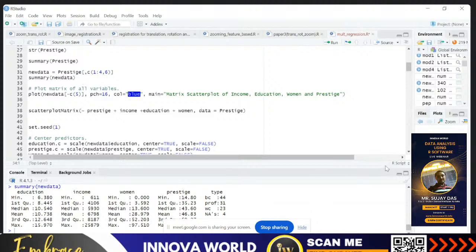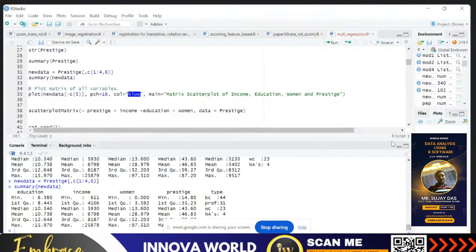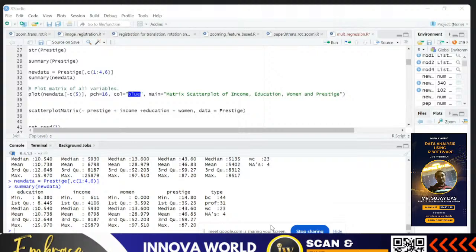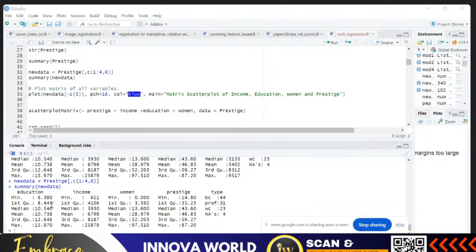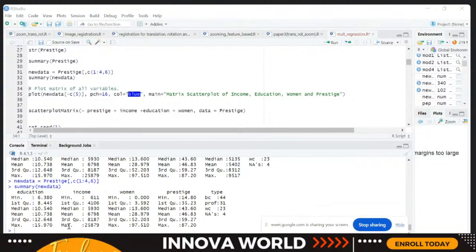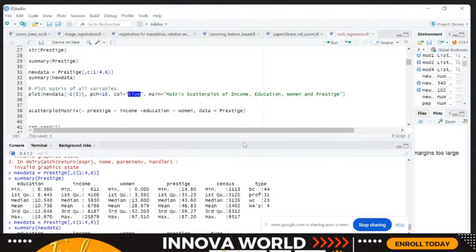Now you can see, so here same thing, but there is only one column missing, that is the census column, right? Now we'll run this line of code to check the relationship between the variables. Let us see what happens.